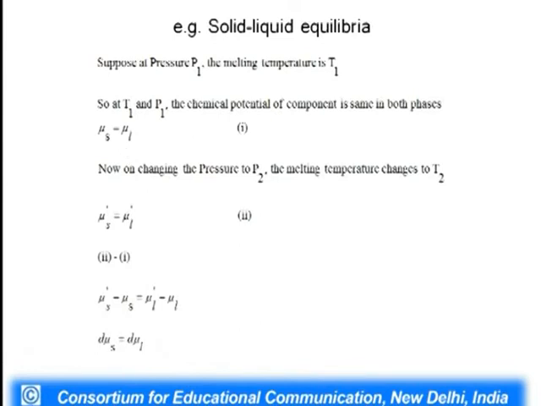Now, if I want to change the boiling temperature, we now need a different equilibrium temperature. Suppose we want our liquid to boil at 120 degrees Celsius, so certainly we have to change the pressure. It will no longer be P1. Suppose at the temperature 120 degrees Celsius, your pressure is P2.